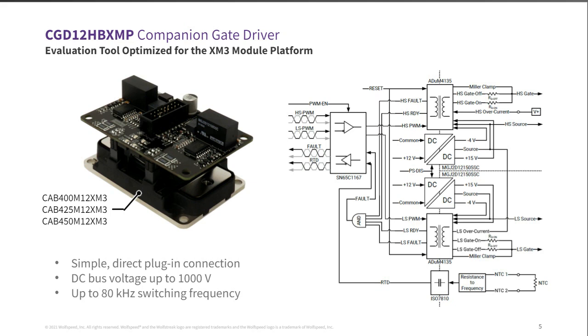Then another key aspect is on the input signals. We provide differential signaling in, and I'll touch on our differential transceiver companion board in a minute, but really this provides robust signals that increase the noise immunity.